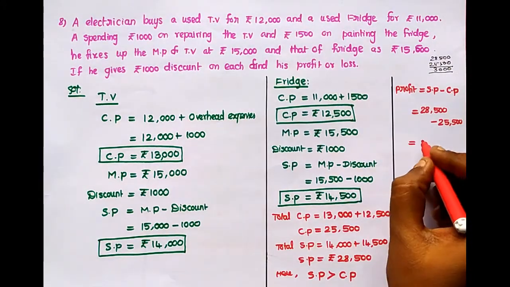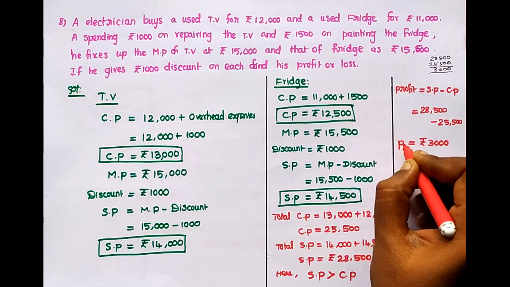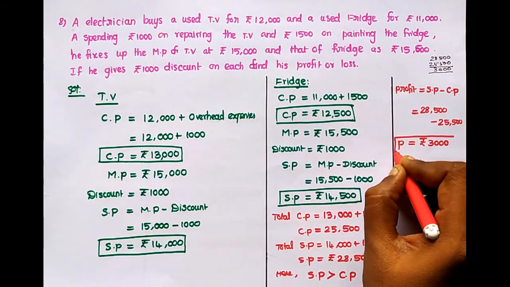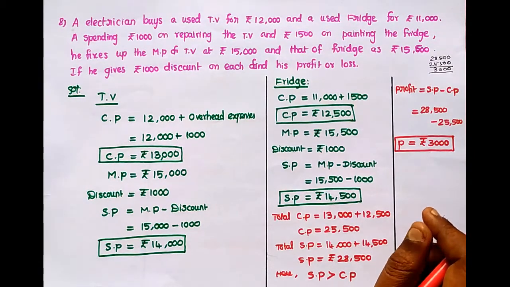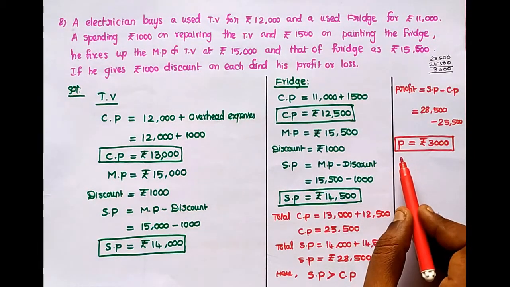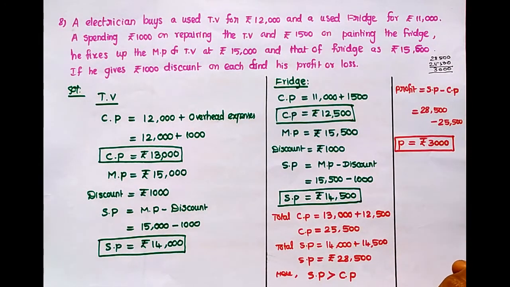So 3,000 rupees profit. So here he got the profit 3,000 rupees. That is the answer.